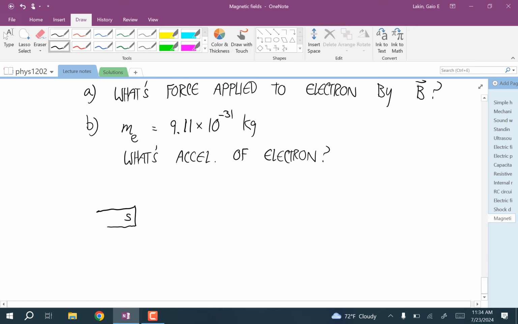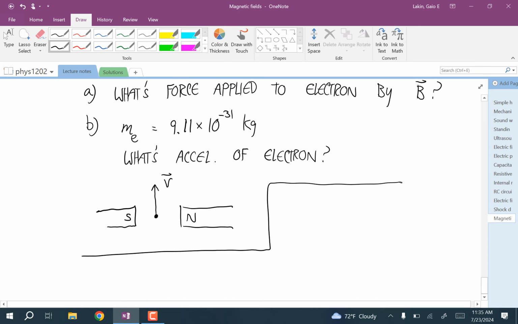So let's say we have the south pole of a magnet there and the north pole of a magnet here. And this is the exact midpoint. And at that point, this electron is moving in this direction.